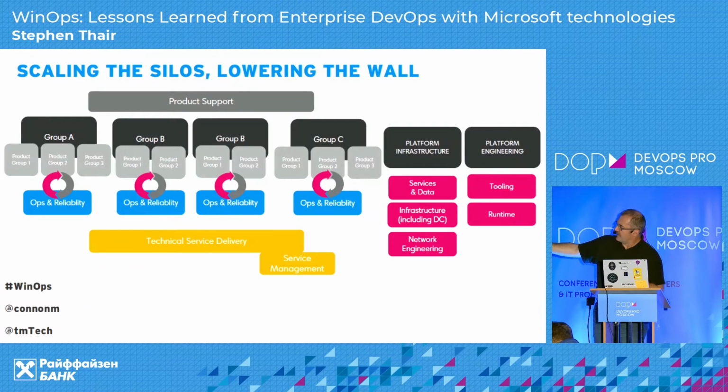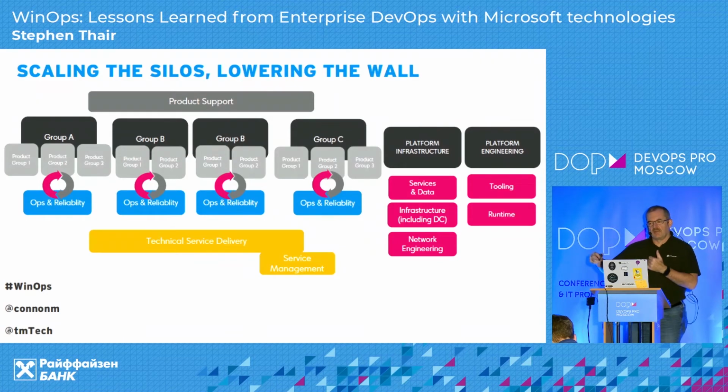Inside each group, they had individual product teams. They had an ops and reliability, also like a site reliability engineering team that was tied to each group. So again, they were devolving as much responsibility as they could out to the individual teams, because the only way you can move faster is push that out to the edge. It's the only way you can accelerate.